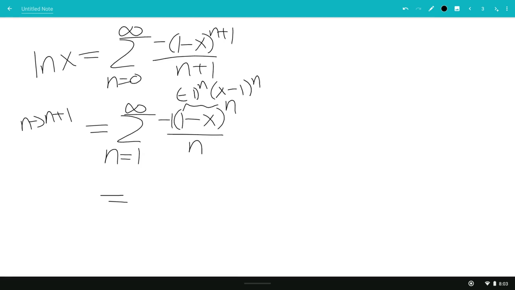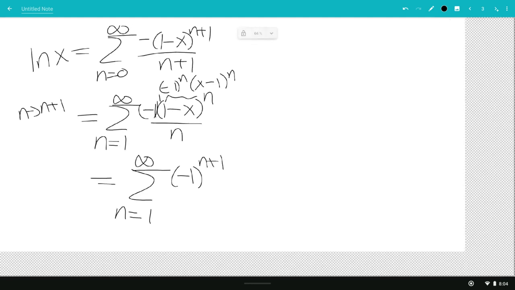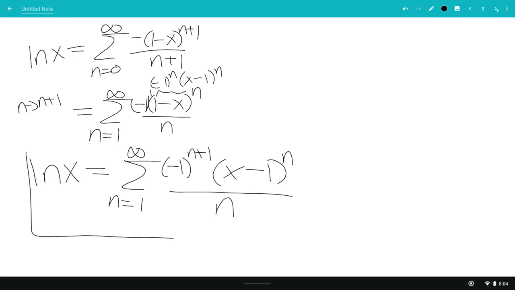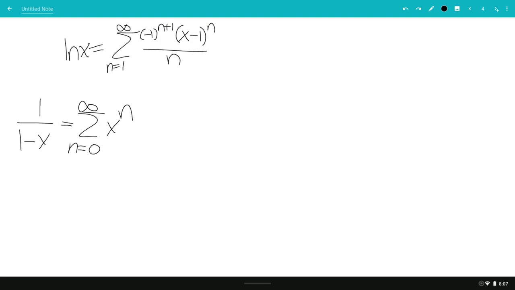Well, this is negative 1 to the first power, so this will be the sum, n equals 1 to infinity, negative 1 to the n plus 1, or n minus 1, because it's the same thing, times x minus 1 to the n over n. And that is the value for ln x as a Taylor series.